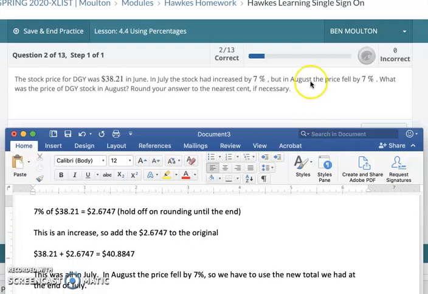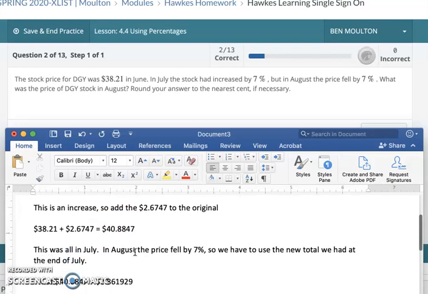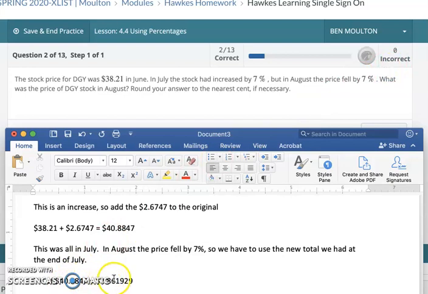And now, this is all in July. Now in August, they say your price fell by 7%. So what we need to do is take this total, and we're going to use that as our new total to subtract. So what we need to do is take 7%, right? It fell by 7% of your 40.8847. Multiply that. We're going to actually have a bigger number this time, 2.861929, which makes sense.